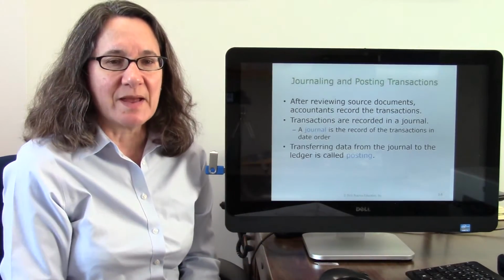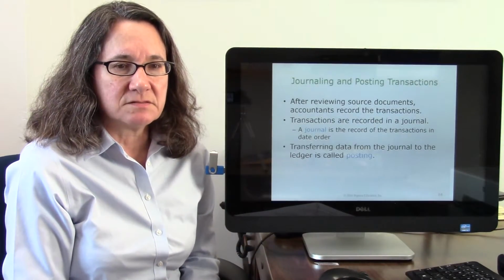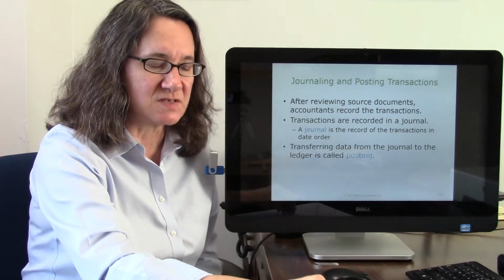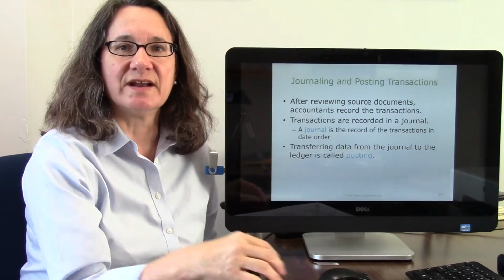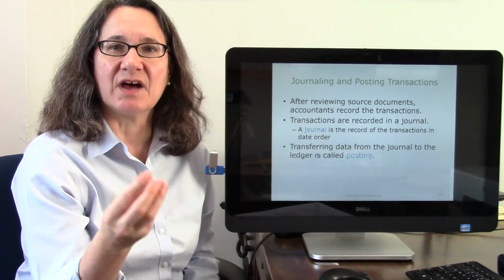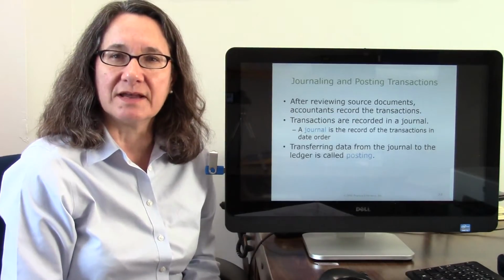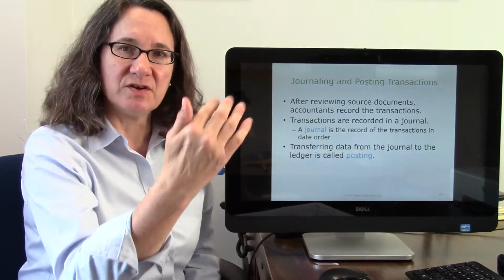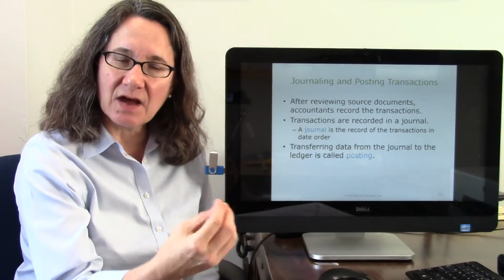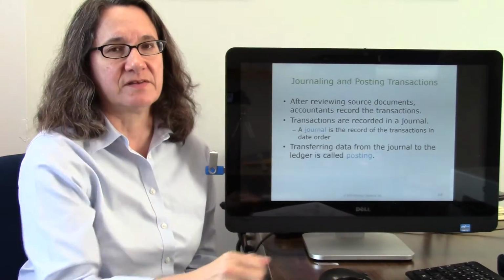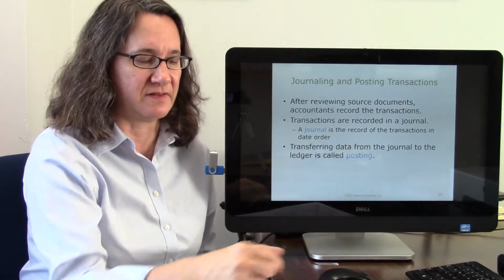You can imagine sitting down and taking everything from that journal and posting it to your ledger. In our example last video, we used T accounts to represent our ledger. That way you can keep track of things by account. You can just go to the ledger and ask, how much cash do I have? There it is. How many receivables am I owed? There it is.